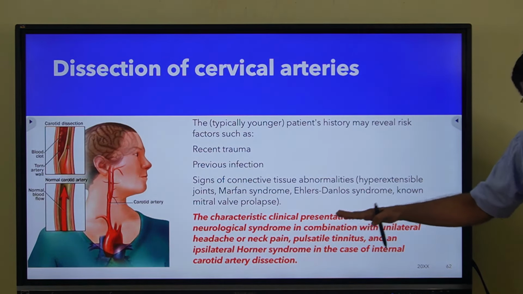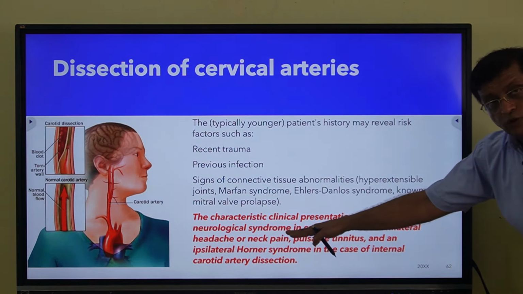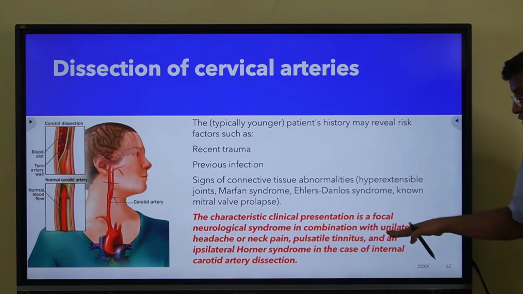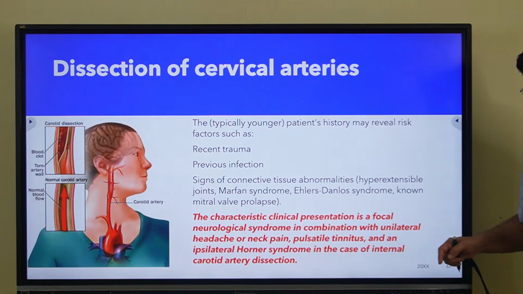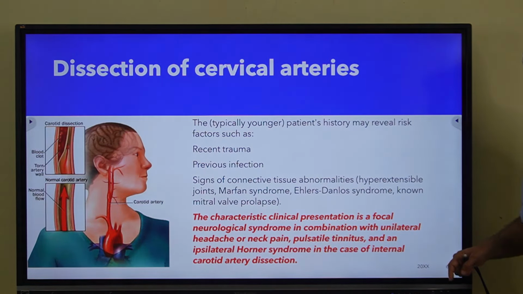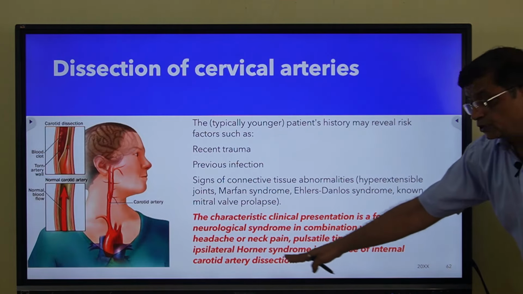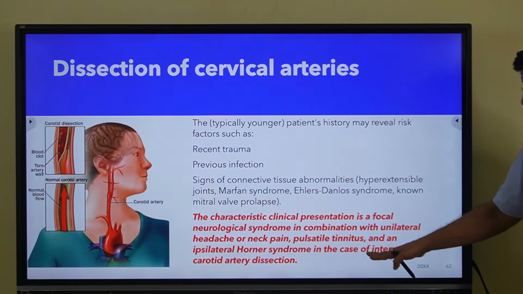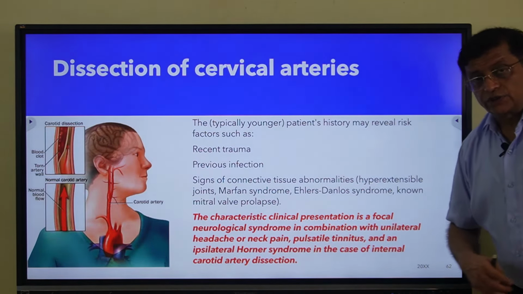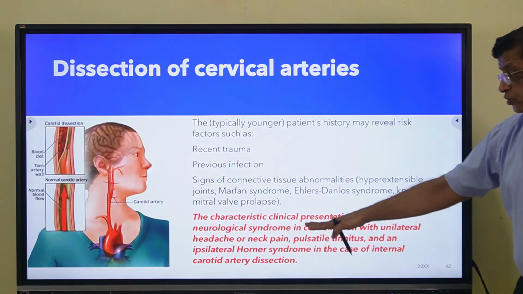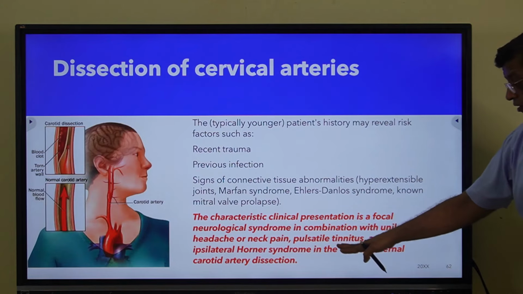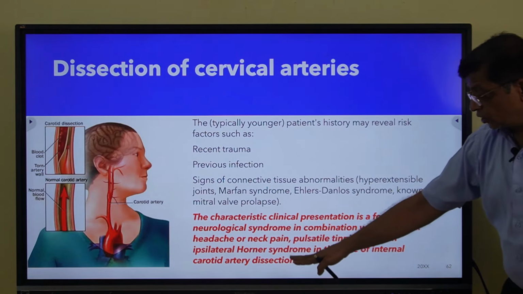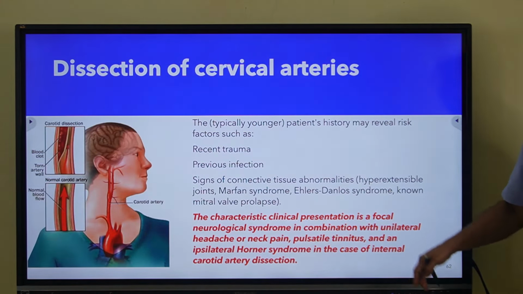The characteristic clinical presentation is a focal neurological syndrome in combination with unilateral headache, neck pain, pulsatile tinnitus, which means you hear a tink tink tink sound inside your ear, and ipsilateral Horner syndrome in the case of internal carotid artery dissection. So, you have a clinical presentation of headache, neck pain, tinnitus, Horner syndrome and neurological deficit.